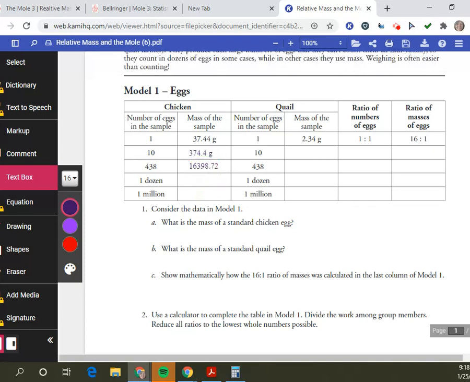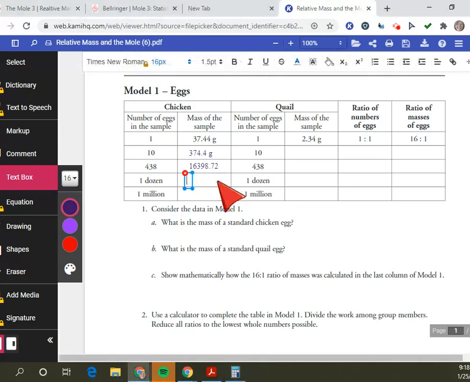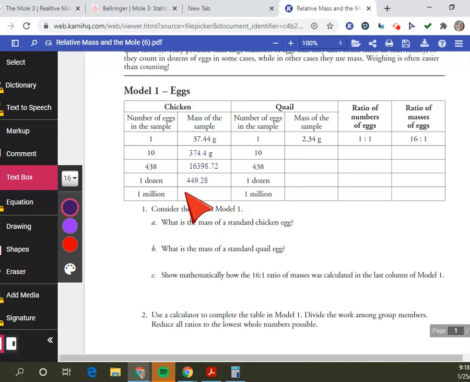I'm going to do a dozen, which is 12. So 12 times 37.44 equals 449.28. And then a million eggs.